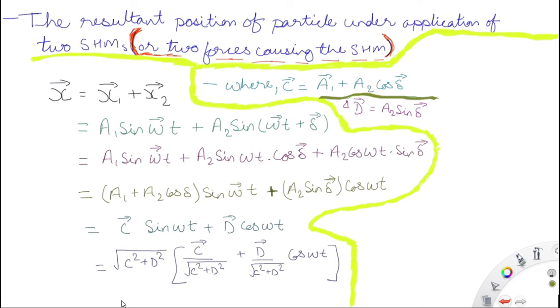So c is equal to this and d is equal to this. You have to see the direction of the vectors, that all are in the same direction, because if there were the opposite direction, a minus sign would be there, meaning a phase of minus pi.